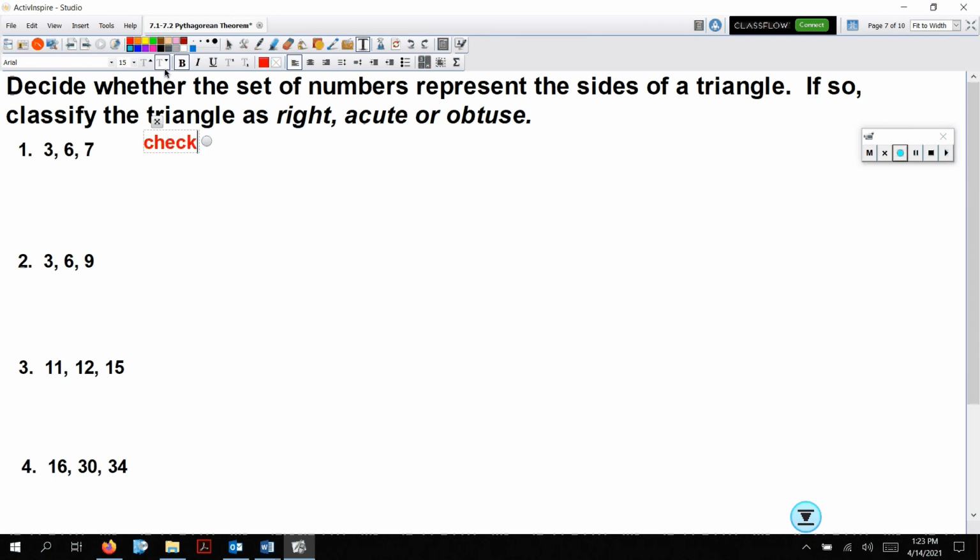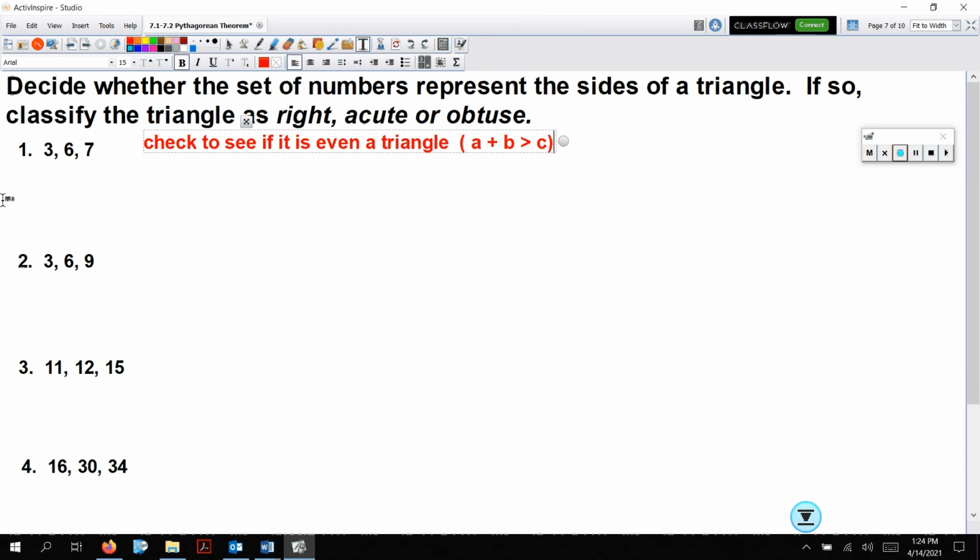Check to see if it is even a triangle. And remember, that would be A plus B must be greater than C.